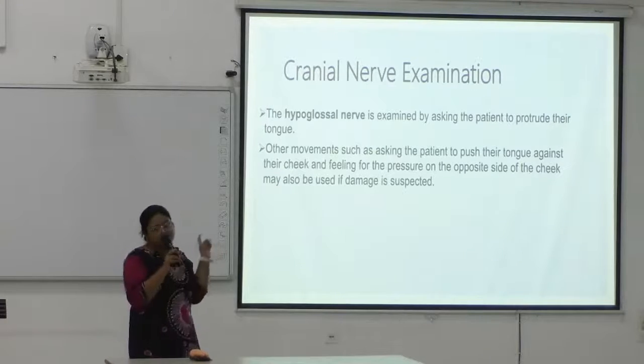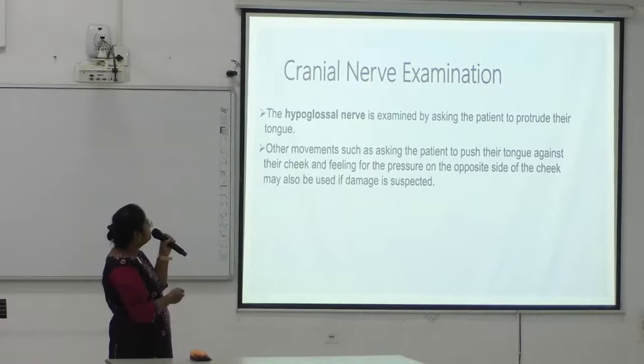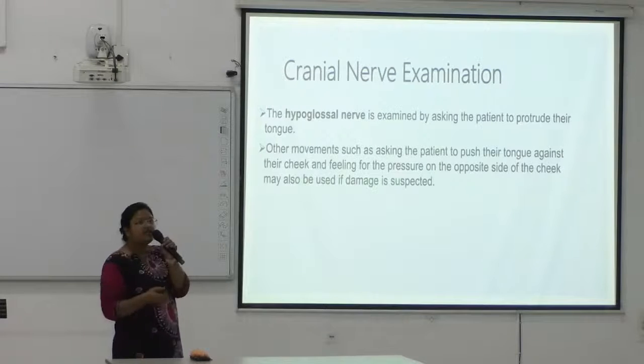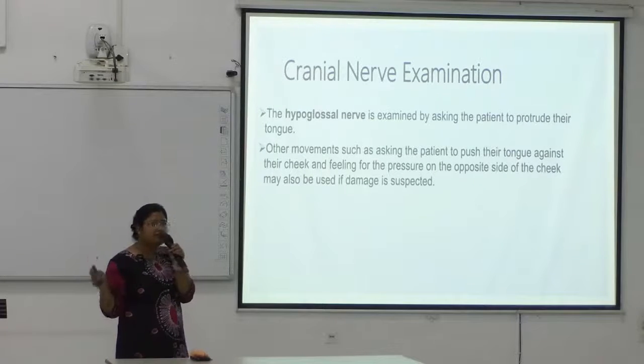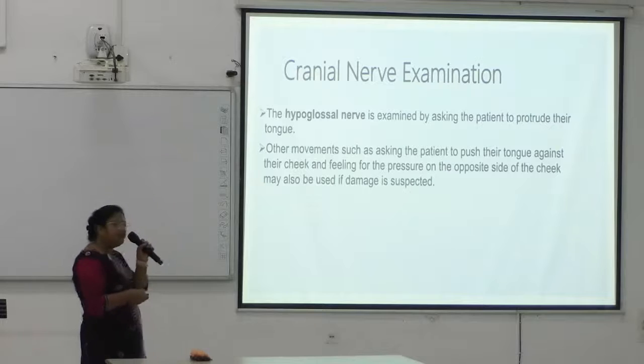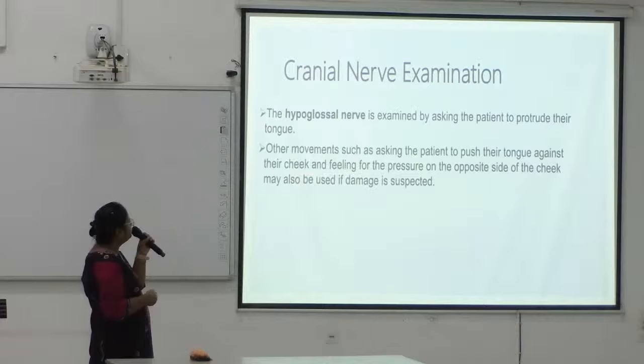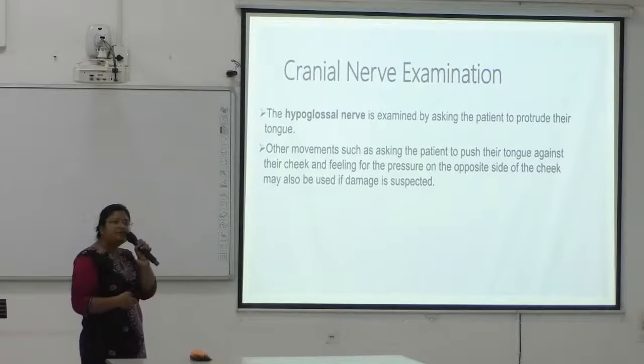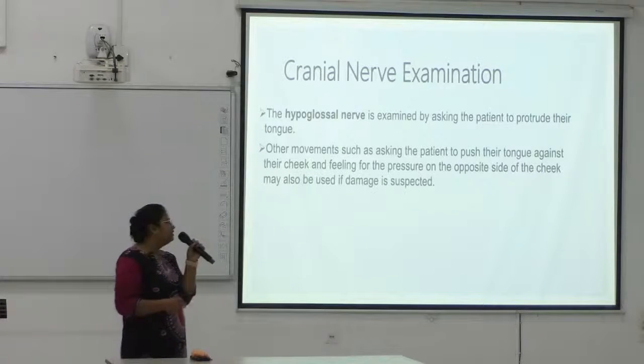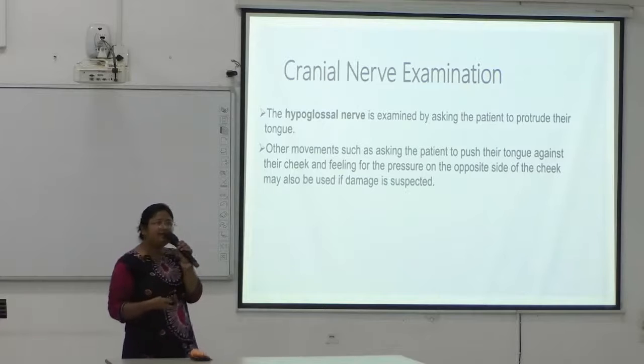Okay, if your patient has a lesion, the tongue will be deviated to the affected side and there is less strength in pushing if this nerve is paralyzed. Okay, so the tongue muscles will also be paralyzed.